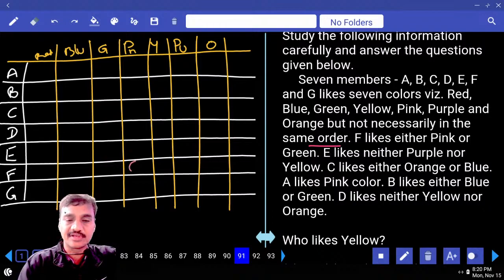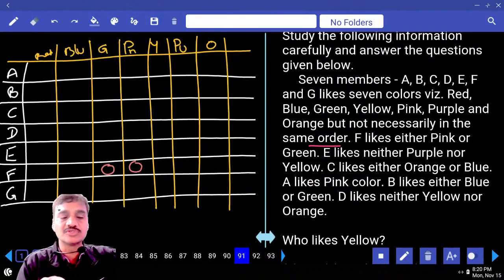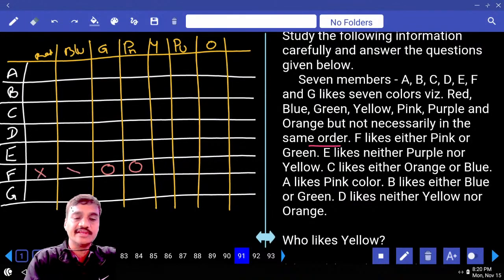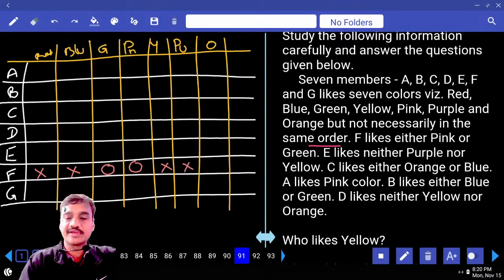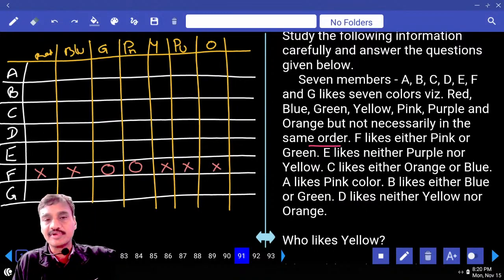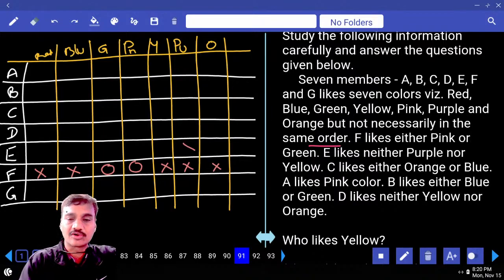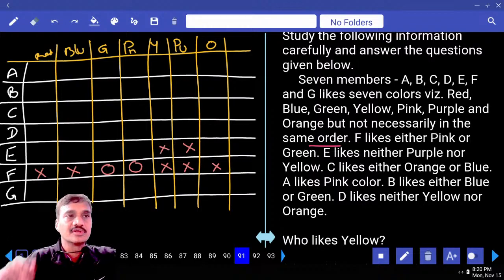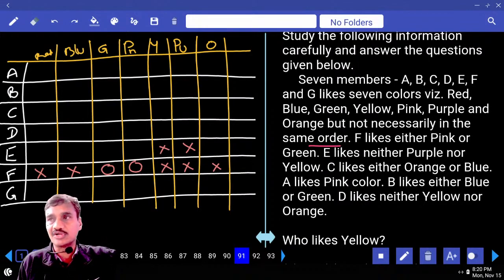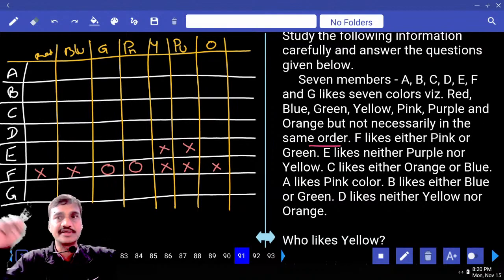F is either pink or this person likes green. That means apart from these two, this person does not like any of the remaining colors, so we put crosses on all the remaining. And he likes neither purple nor yellow; purple and yellow are ruled out. Since it says does not like, we put a cross, and likes means we put a tick.